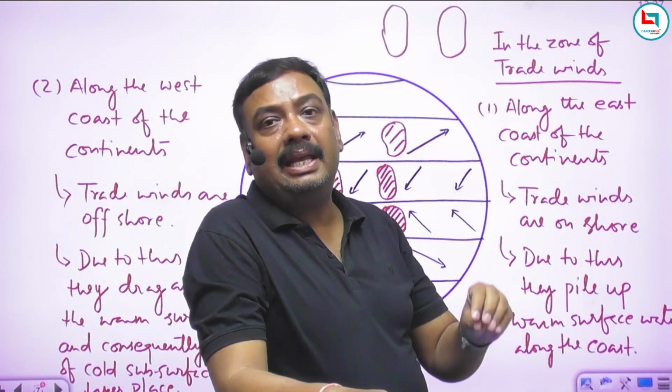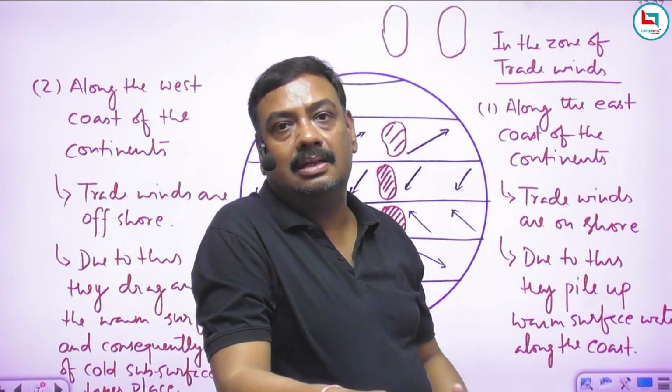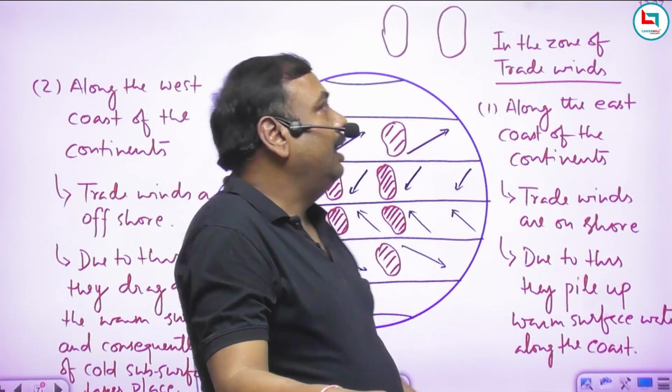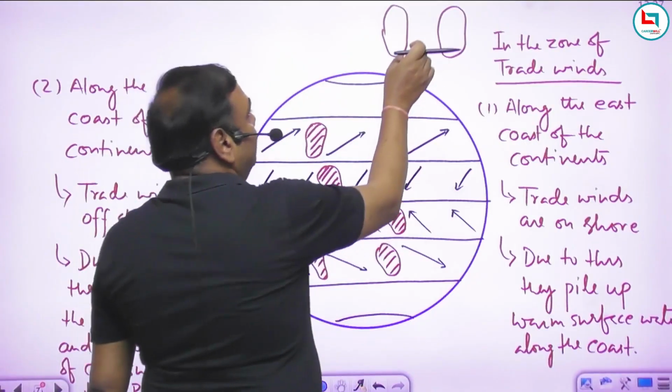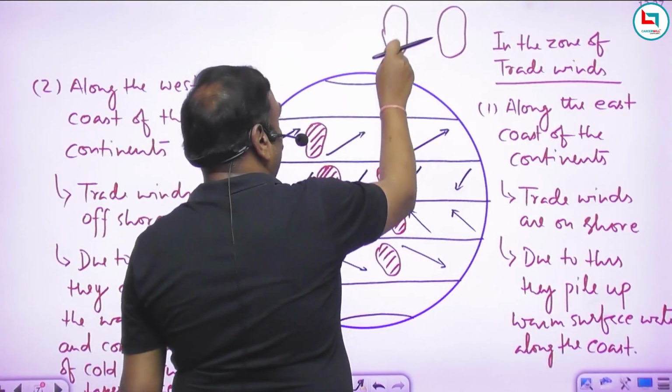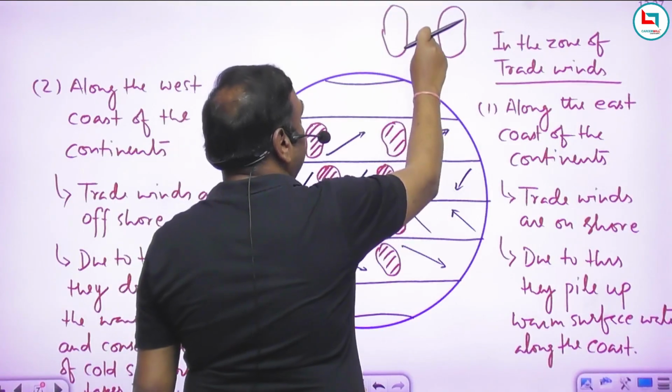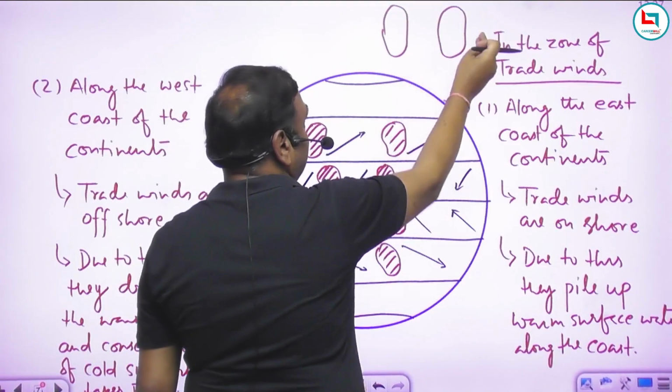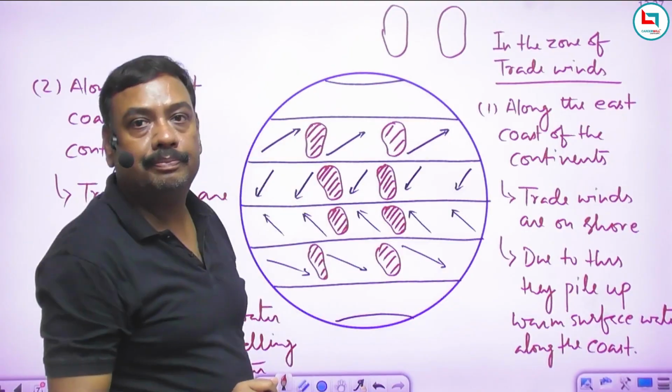The same thing can be said like this, that the western margin of the Atlantic Ocean touches the east coast of North America, the eastern margin of the Atlantic Ocean touches the west coast of Europe.